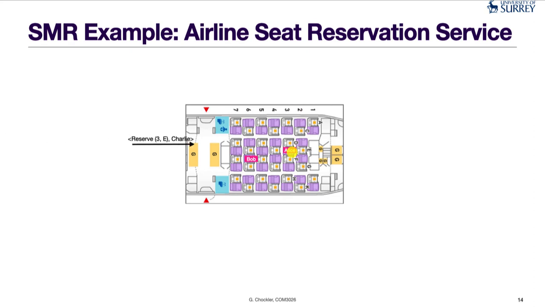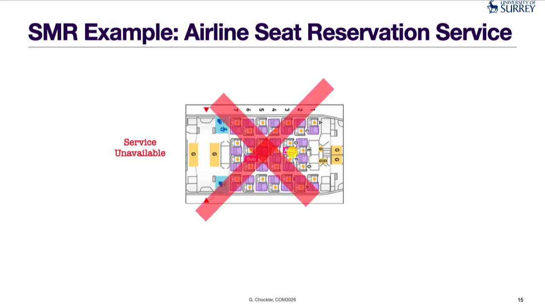Now suppose Charlie is trying to reserve 3E, but 3E is occupied by Alice, and for that reason Charlie's request gets rejected and he gets an occupied response back. Okay, so this looks simple, but the problem of course is that in this case the implementation relies on a single process or single server, and therefore if this server crashes, then the service becomes unavailable.